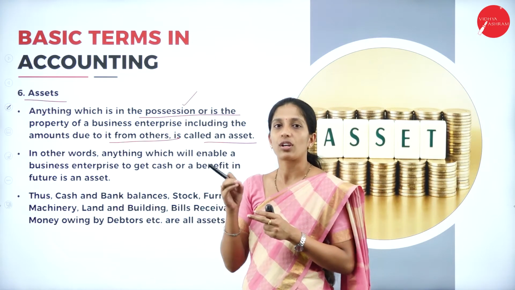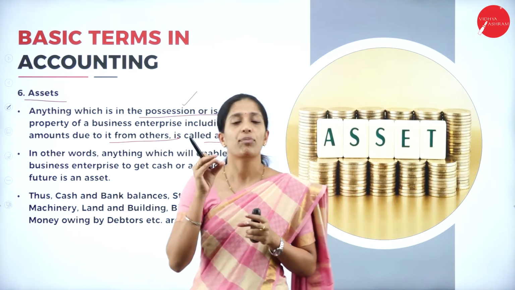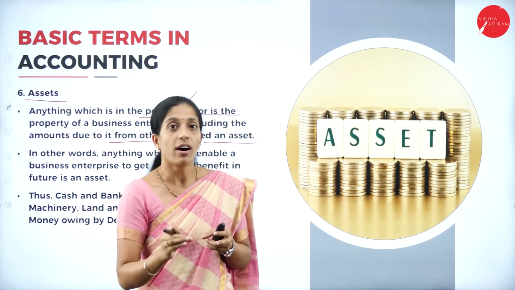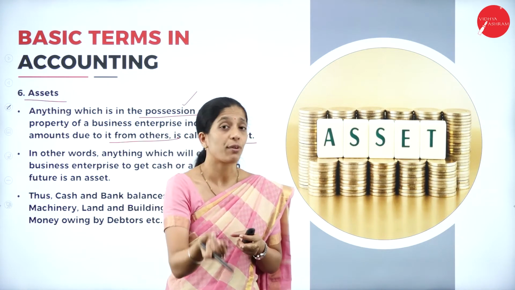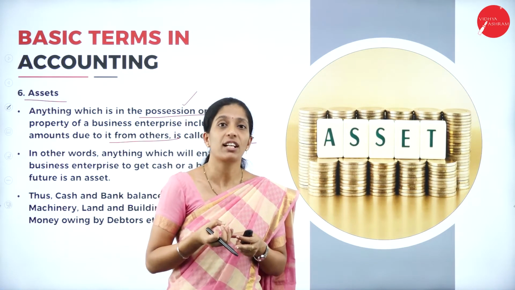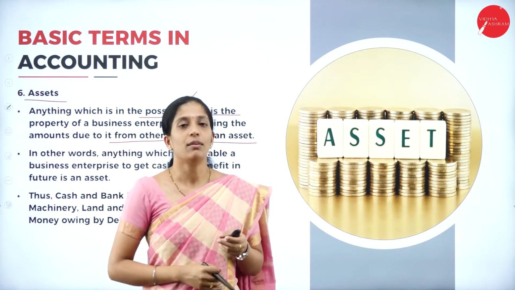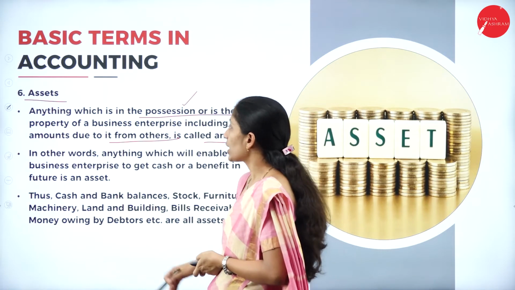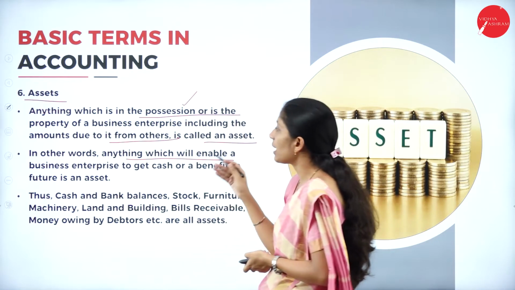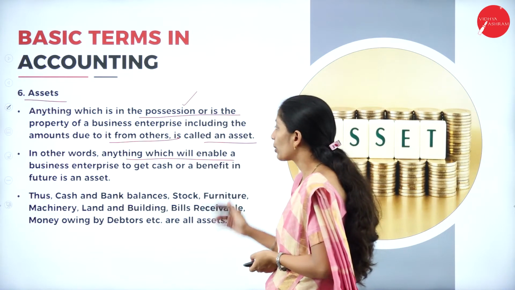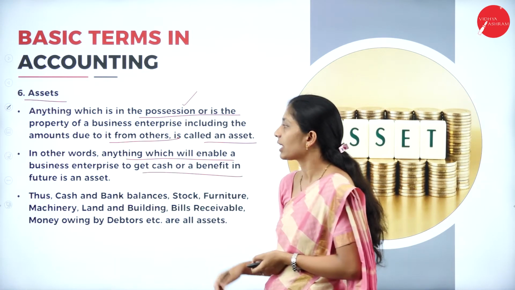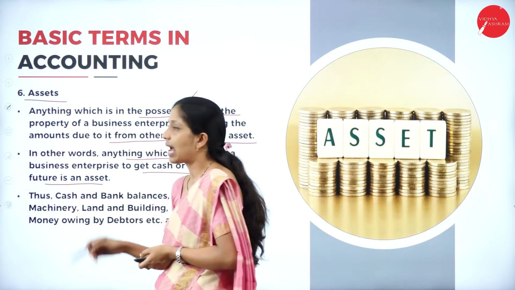Asset. So here what you have to remember, asset means something which has certain value or from which we are going to get benefited in the future. So they are termed as what? Asset. In other words, anything which will enable a business enterprise to get cash or benefit in the future is termed as asset.